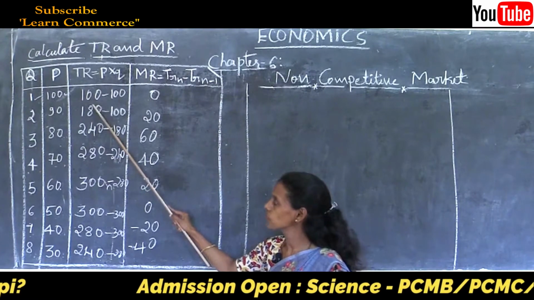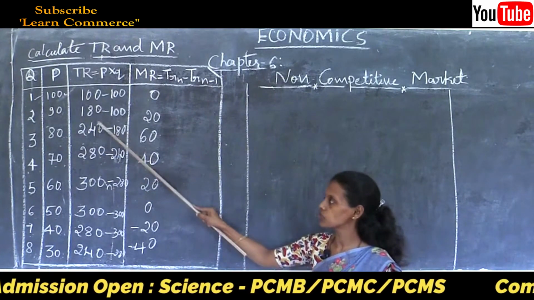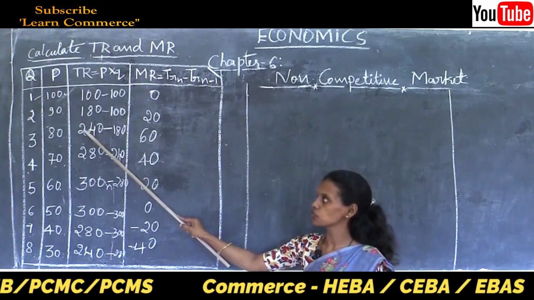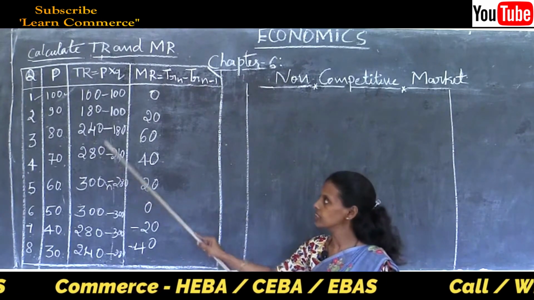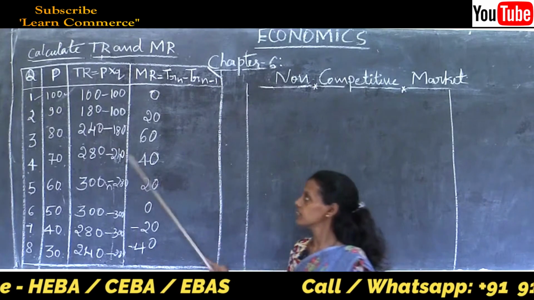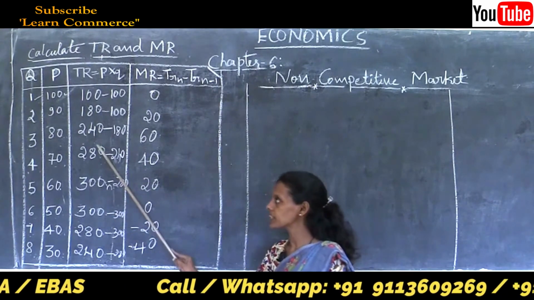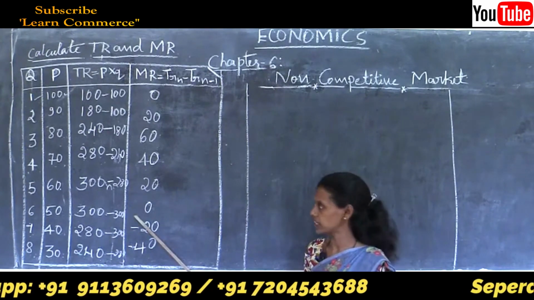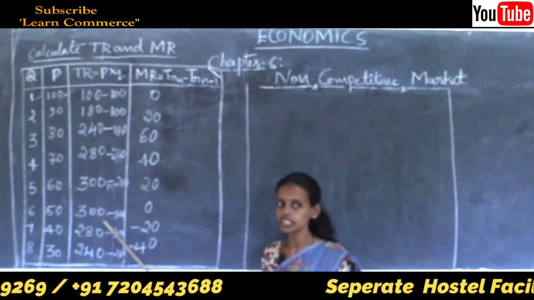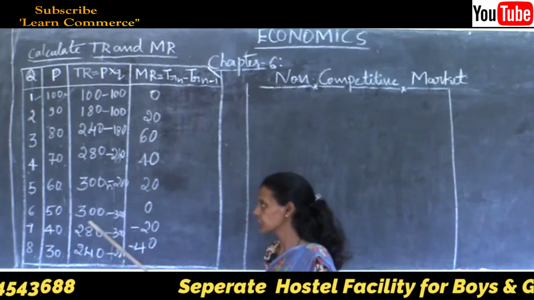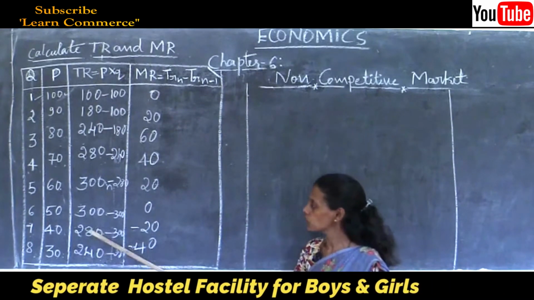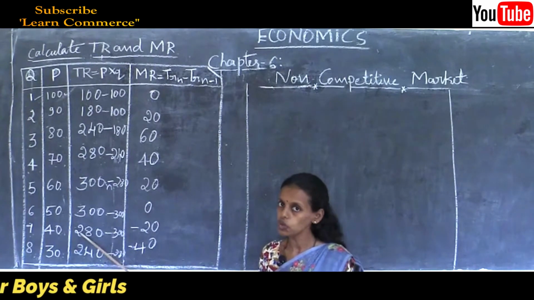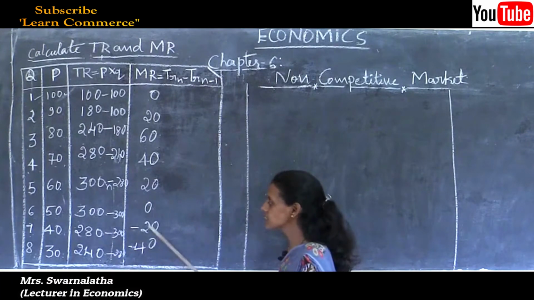240 minus 180, that is 60. 280 minus 240, current unit is 280, previous unit is 240, is 40. 300 minus 280 is 20. 300 minus 300, because the current unit is 300 and the previous unit is also 300, that is 0. 280 minus 300, here we are going to consider the negative symbol, so minus 20.